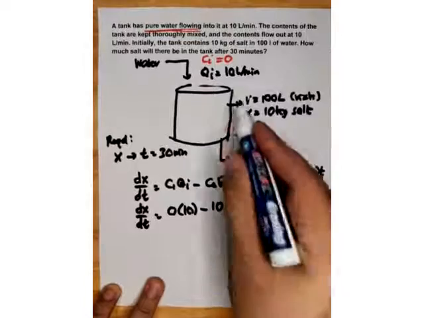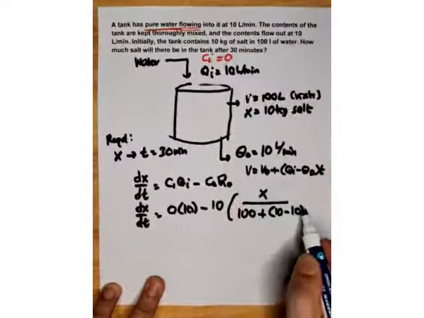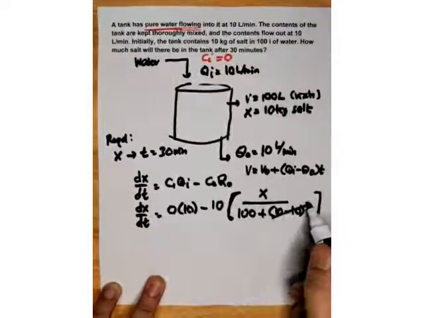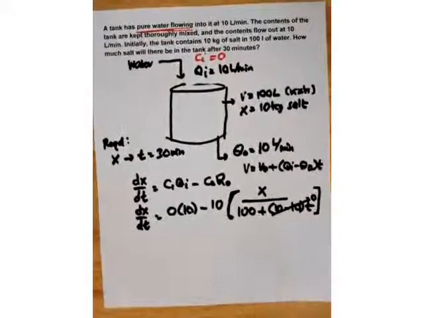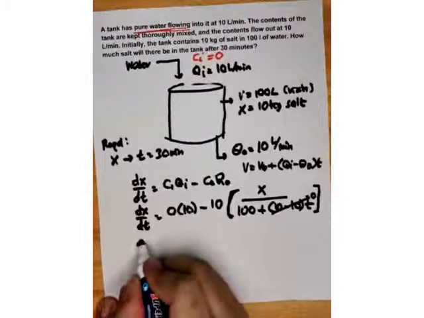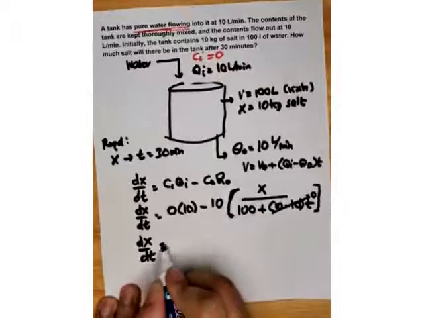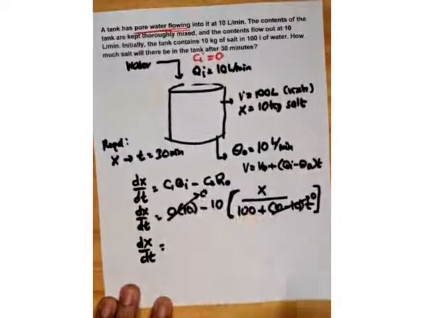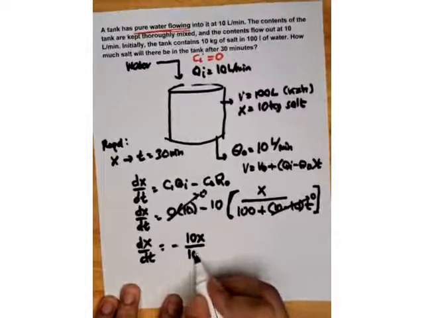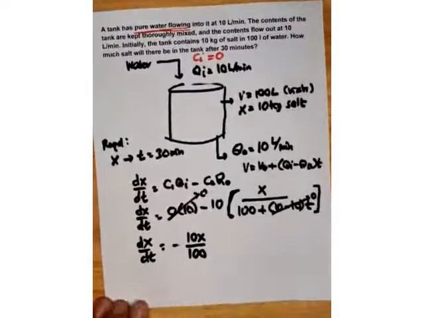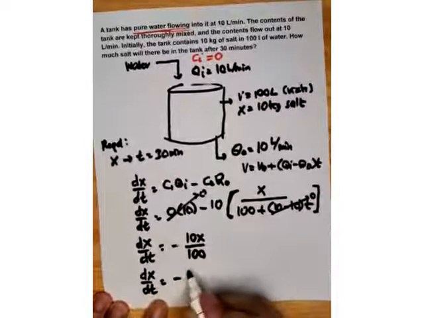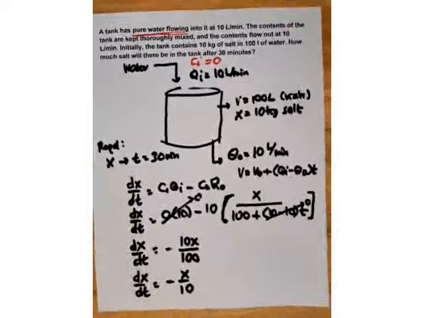So that's 10 minus 10 times t. Ayan. But this one is 0. So therefore, dx over dt is equal to negative 10x over 100, or that is just dx over dt is equal to negative x over 10.